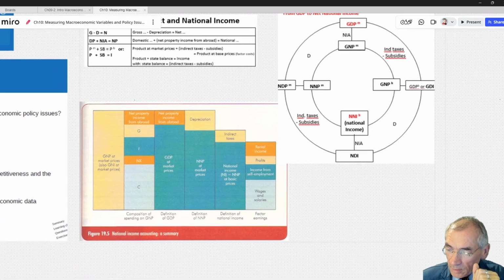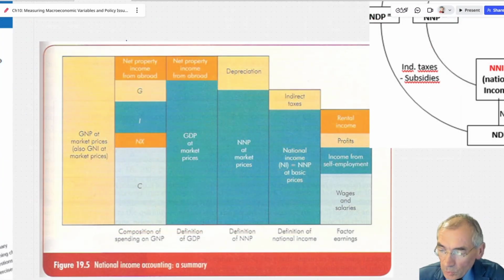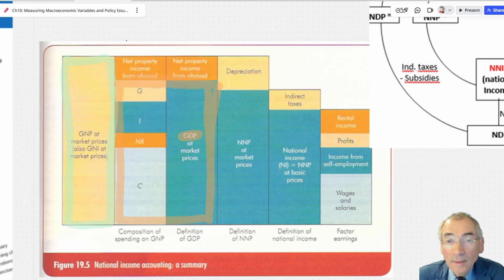When we look at this, we can see in the first two columns that we have on the one hand the GNP, the gross national product, and this is opposed to the GDP, the gross domestic product, named here on the right-hand side. We already know how to compute the GDP: consumption plus investment plus government spending plus net export.